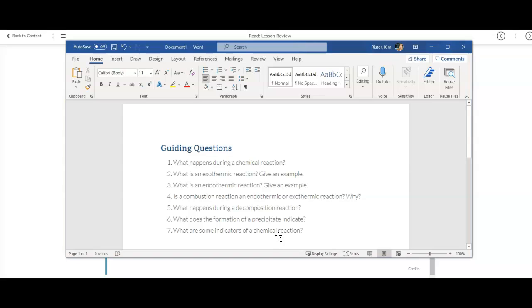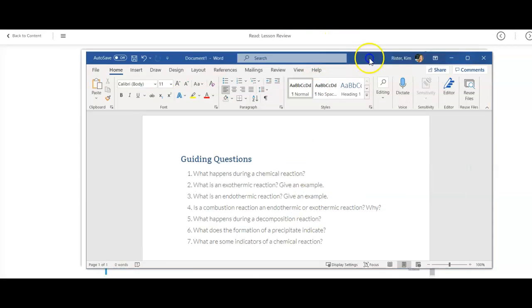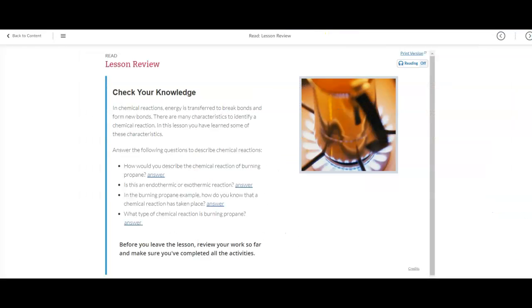You have formation of a precipitate, a color change. I'm trying to remember what the other one was. Remember, we just wrote those down. Endothermic, exothermic reaction. So make sure that you answer all of those. There are 7 there. And then take a look and go through these as well. Good little practice problems. They take just a second.